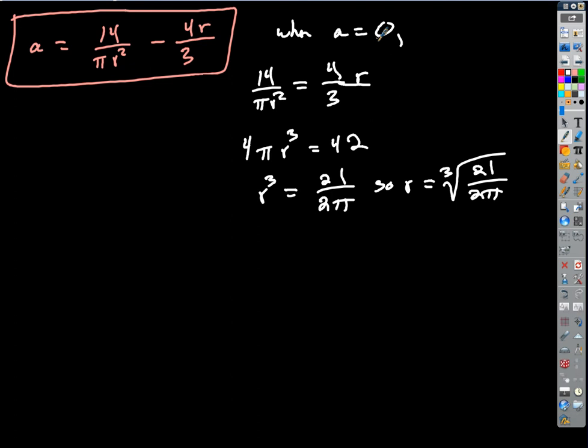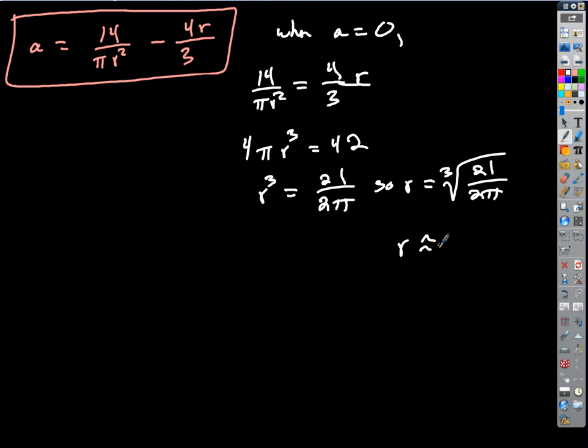What is that roughly? Anybody have a calculator handy? I can just use Desmos if not. So r is roughly equal to, okay, good. Cube root of 21 over 2 pi. About 3 point, are you sure?